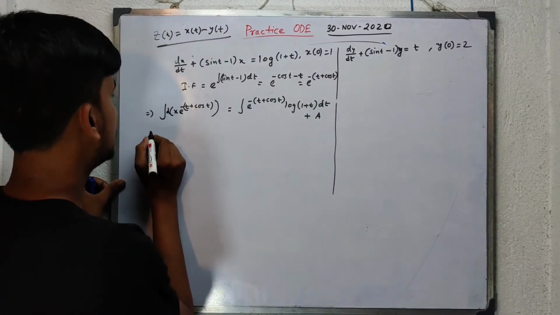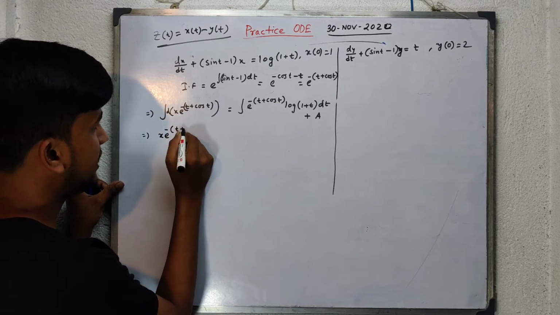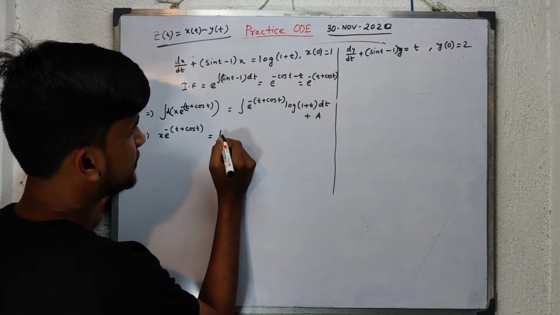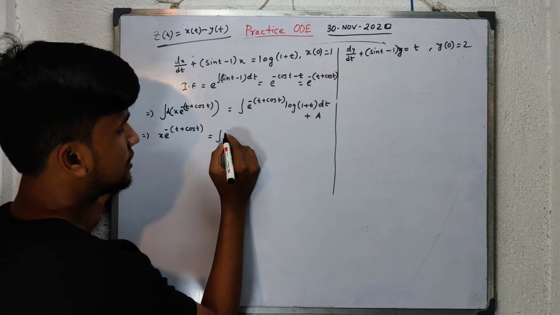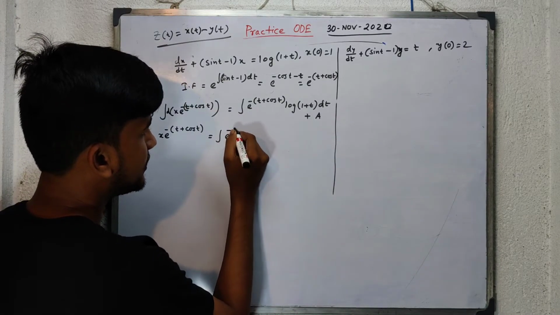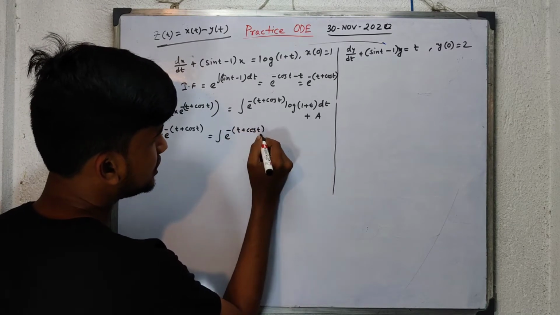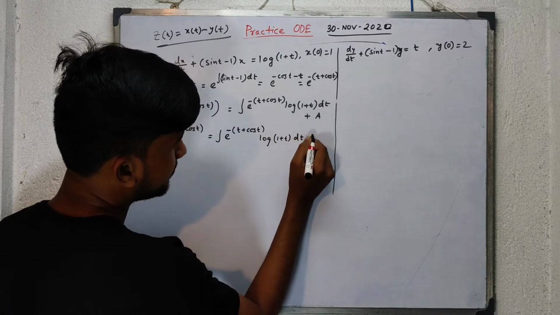Okay, this implies x e^(-t + cos t) equals the big integral, which we keep as it is from the above step, plus a.